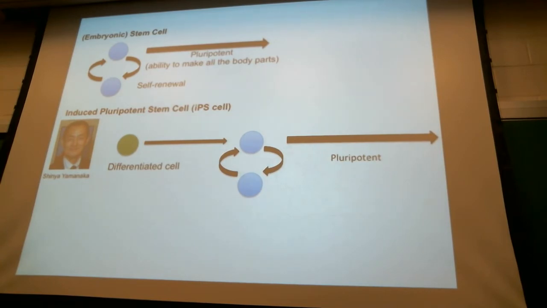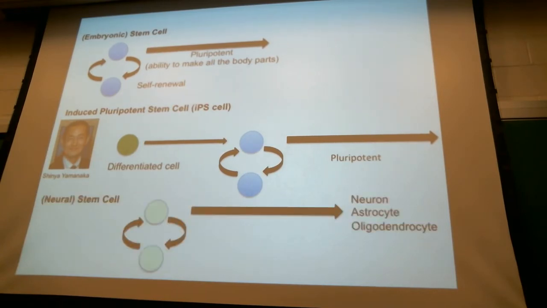And that's what they are excited about. So he found this method less than 10 years ago, and he already got the Nobel Prize. So you can tell what impact it had.